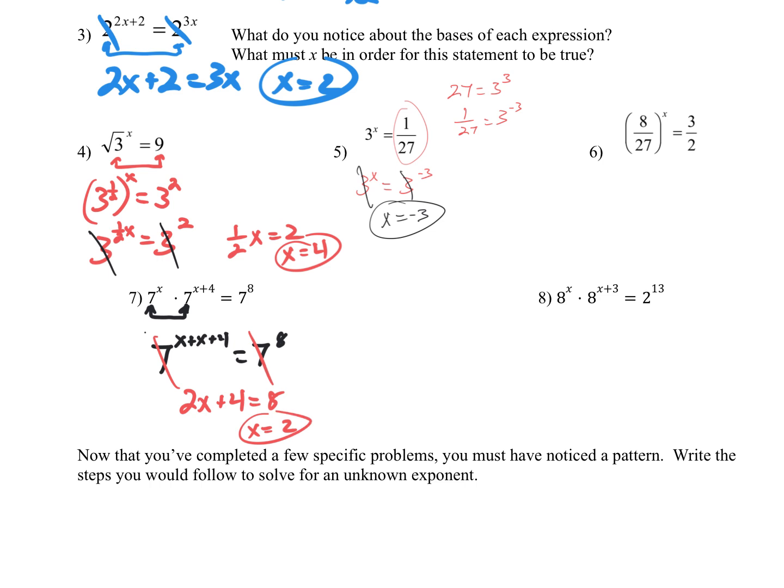Same thing here. That's going to be 8 to the 2x plus 3. We add those exponents. Now, here's something interesting. We don't have the same base here. These are not the same, but we can make them the same. You see, 8 is 2 to the 3rd. So what we do is we replace the 8 with 2 to the 3rd.